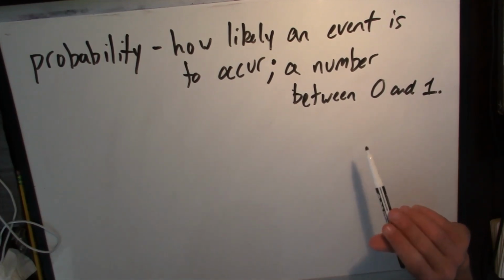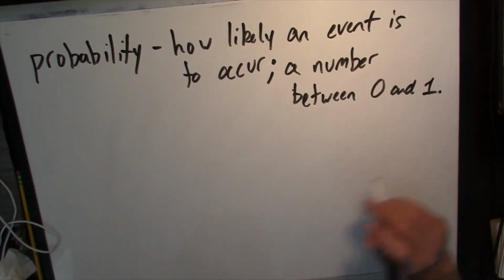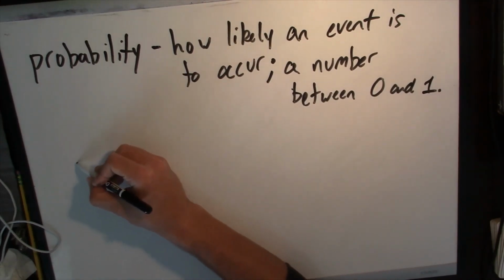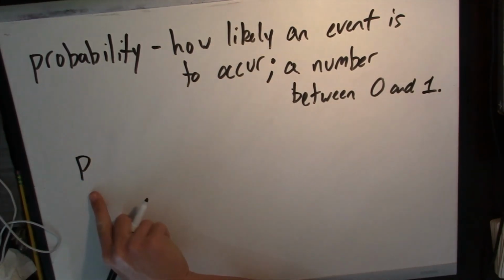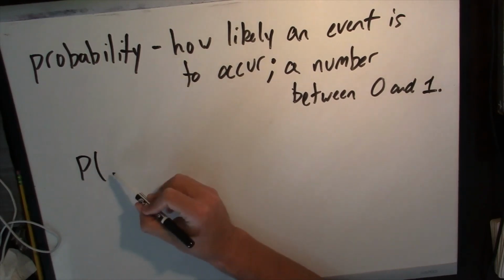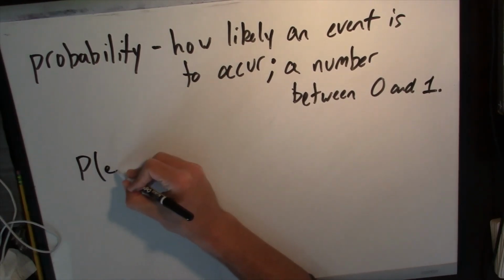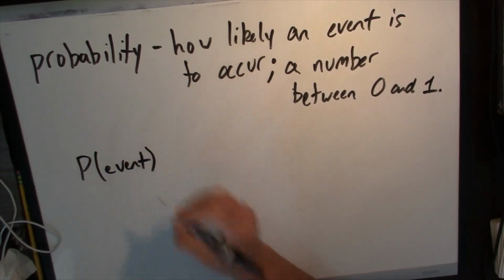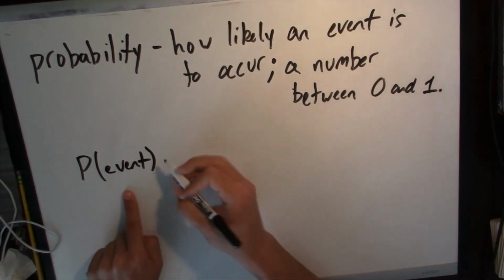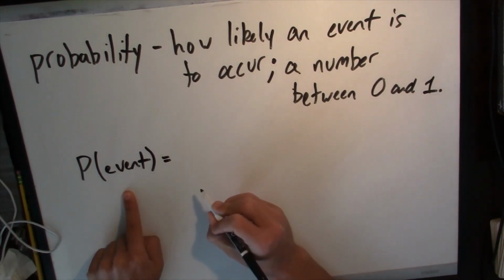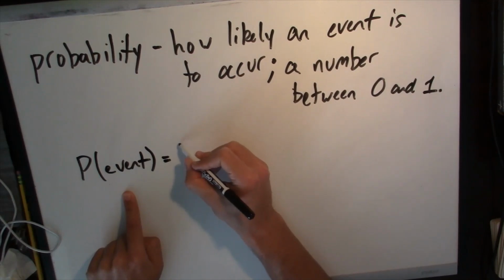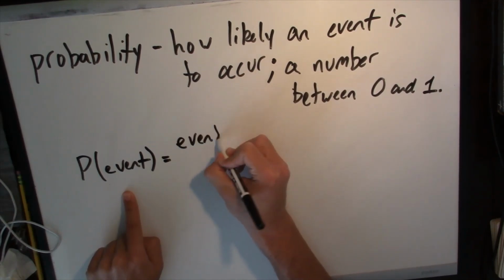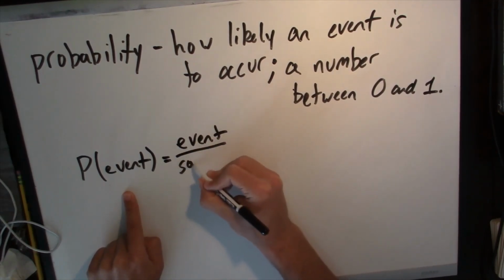Okay, and the way that we write it is with a capital P and then parentheses, and what goes inside the parentheses is an event. So the probability of an event to occur is equal to the event over the sample space.